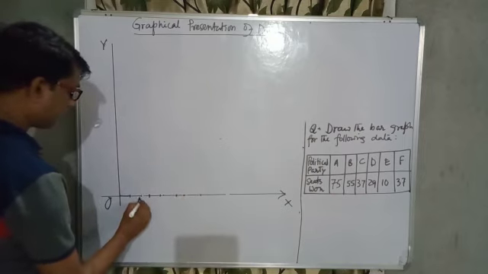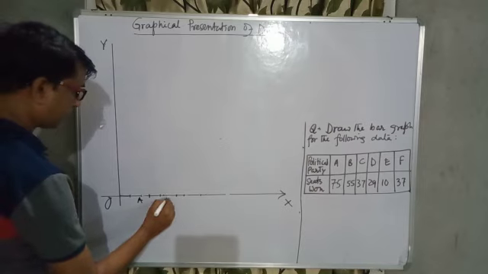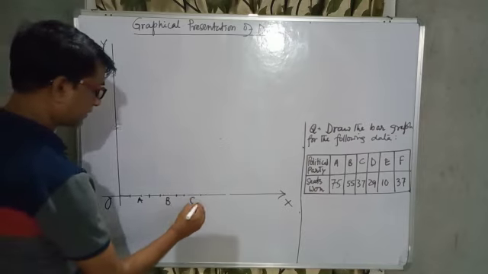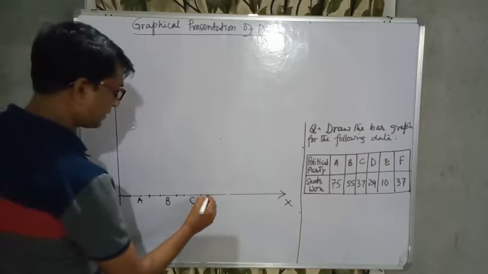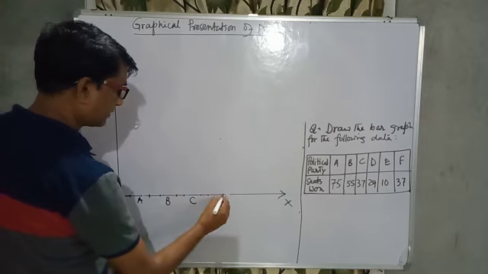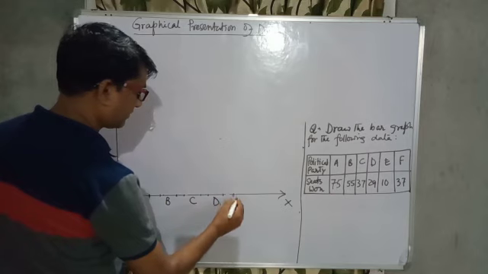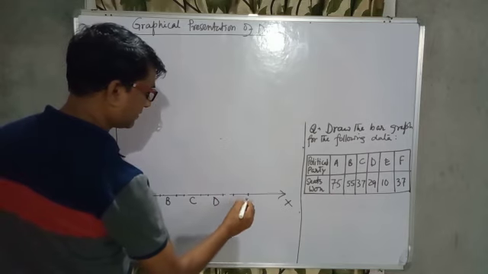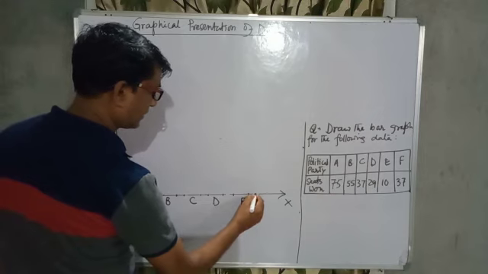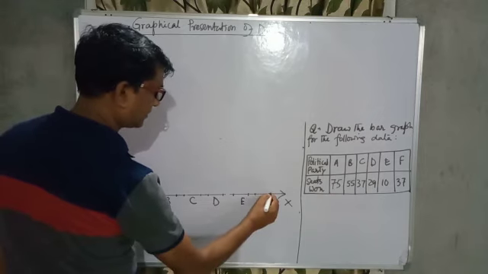This is A, this is B, this is C. In the same way, the same gap and the bar for D, then the same gap for E, and then F.